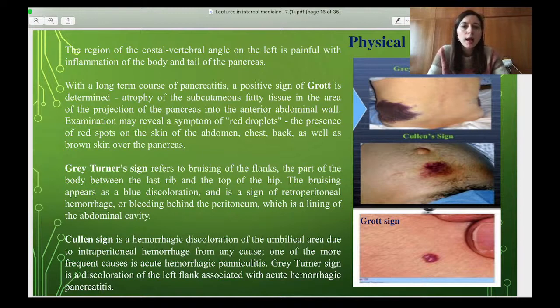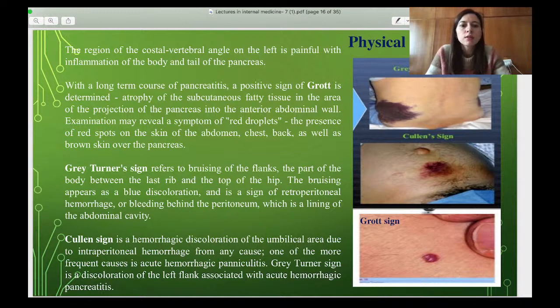Examination may reveal the symptom of red droplets, the presence of red spots on the skin of the abdomen, chest, and back, as well as brown skin over the pancreas. Grey Turner sign refers to bruising of the flanks, the part of the body between the last rib and the top of the hip. The bruising appears as a blue discoloration and is a sign of retroperitoneal hemorrhage, or bleeding behind the peritoneum, which is the lining of the abdominal cavity.